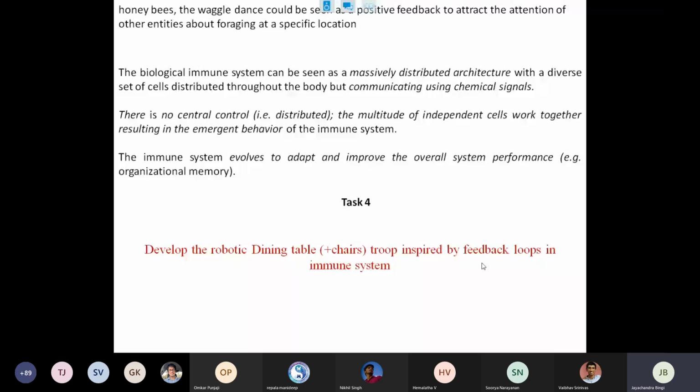How many positive feedback and how many negative feedback do you need to create in those robotic dining table troops to design a behavior for the hotel? Okay, so you can read about the immune system, understand it, then apply it on the robotic dining table troop. So that is what the assignment is about.